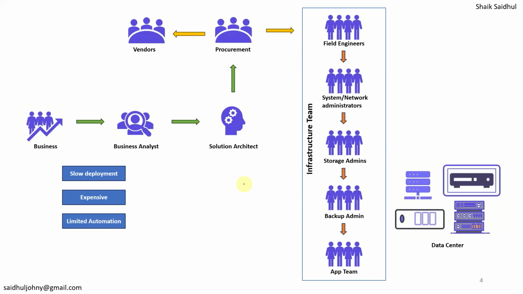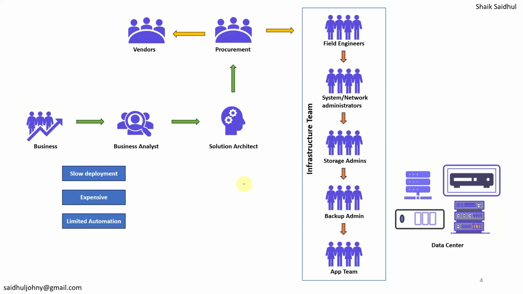limited automation. While some aspects of the infrastructure can be automated, several steps, such as the field engineers' rack and stack, cabling, or the system admins' initial configurations, are all manual and slow.